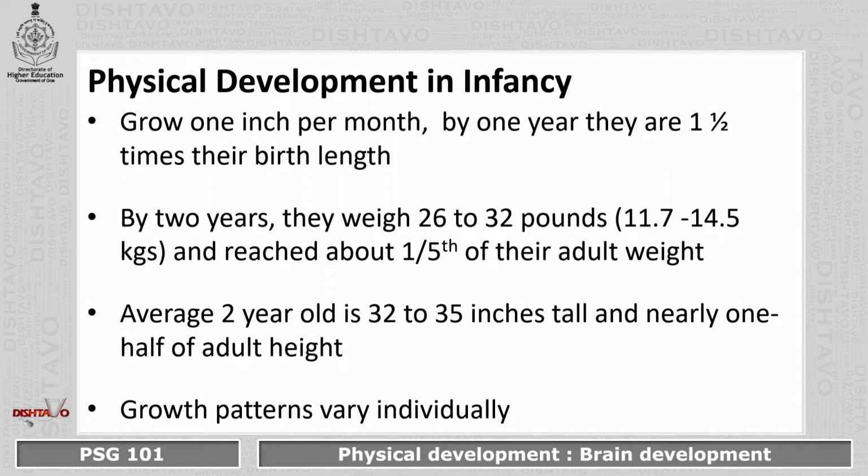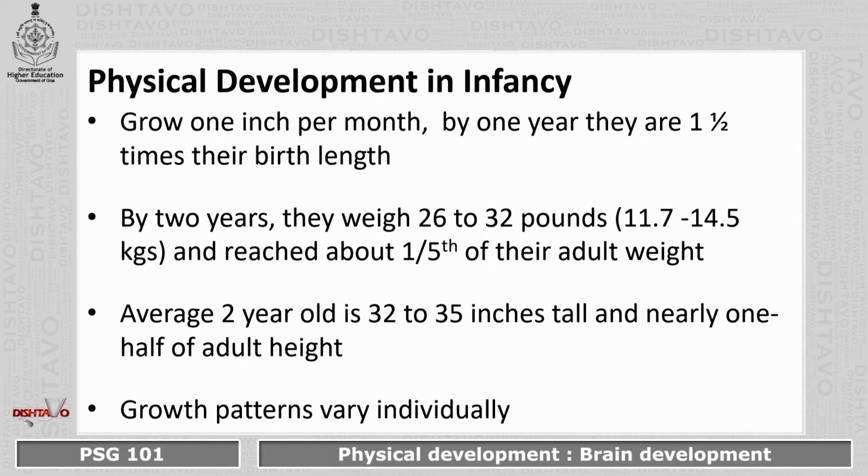Much of the variation is due to heredity, but environmental experiences are involved to some extent. A review of the height and weight of children around the world concluded that 2 important contributors to height differences are ethnic origin and nutrition.